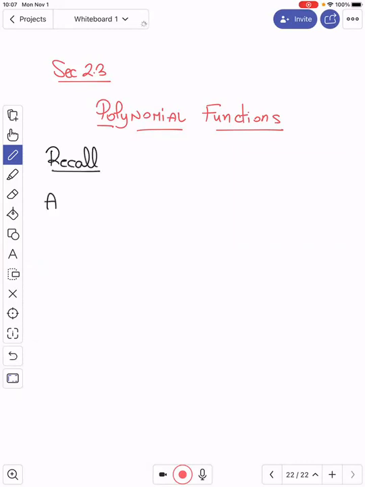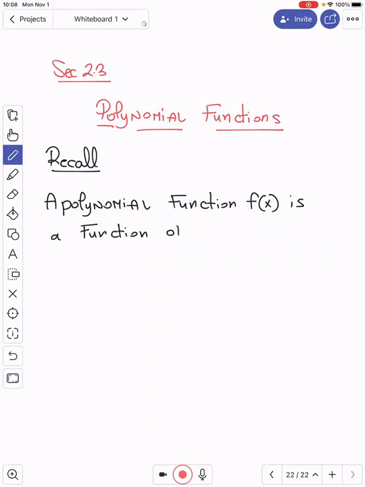So a polynomial function f of x is a function of the form f of x.